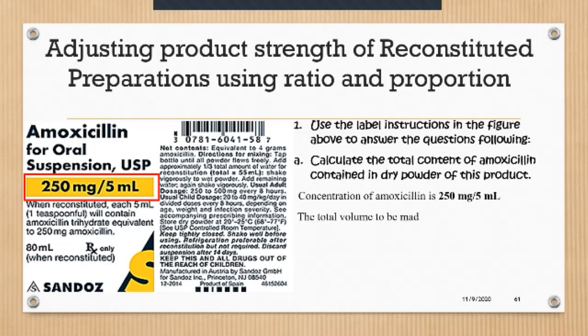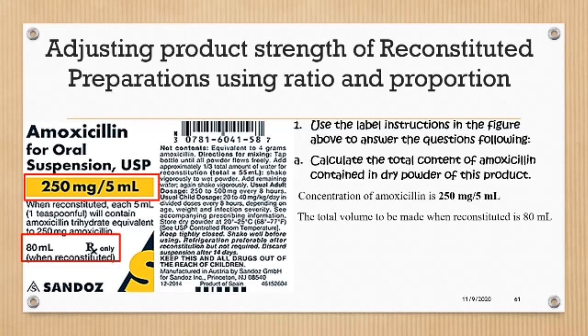We need the total volume to be made when reconstituted, which is 80 mils, and we find that right here, 80 mils when reconstituted. So if we know the concentration, which is 250 milligrams of amoxicillin in every 5 mils, and that when we reconstitute it we're going to end up with a total volume of 80 mils, then we can determine the total amount of amoxicillin that would have been in the 80 mils.